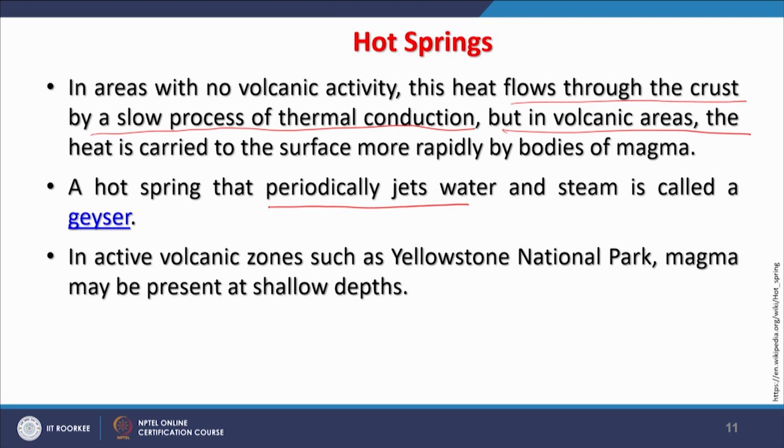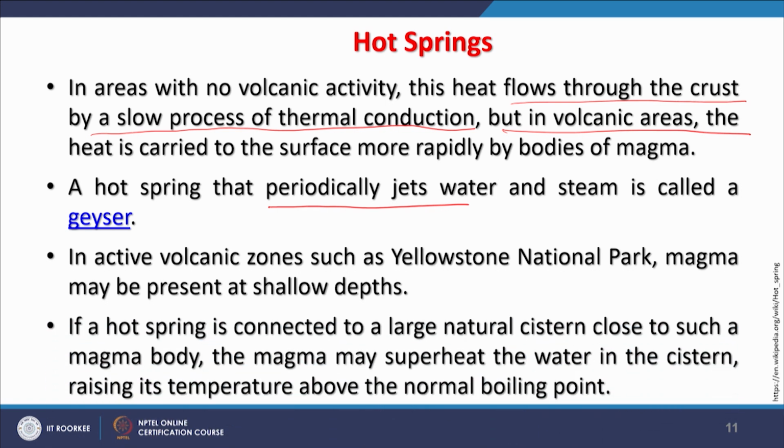So, this is what I was saying: when magma, which is coming from the core or mantle, comes near the surface, then water will get heated up. If a hot spring is connected to a large natural cistern close to such a magma body, the magma may superheat the water in the cistern, raising its temperature above the normal boiling point.